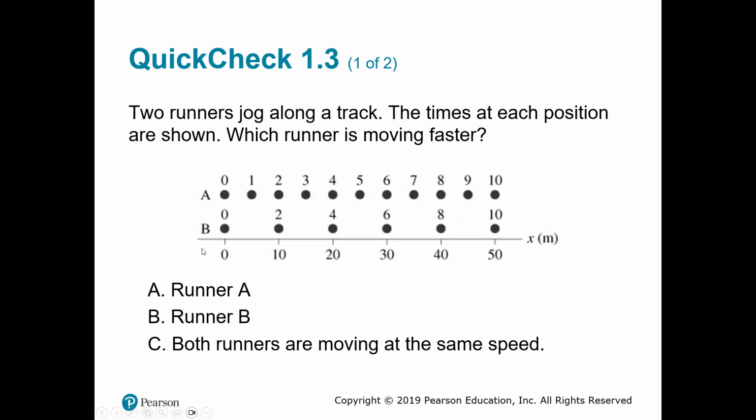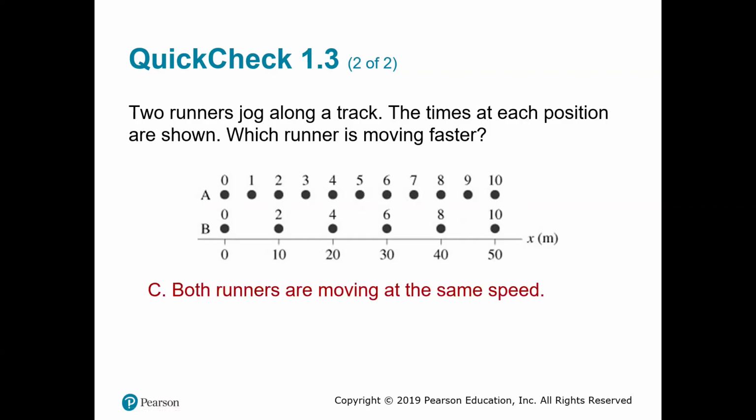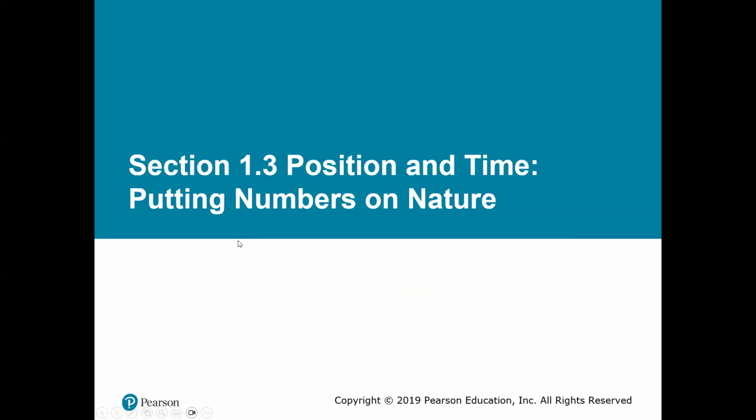And then another question, two runners again, this time the time at each position is shown, right? Which runner is moving faster? Pause, think, and the answer is they are the same, right? Because you have a number here, 2 seconds, 2 seconds. They travel the same distance, right? Their speeds are the same. It's very simple, right? So far so good, right?